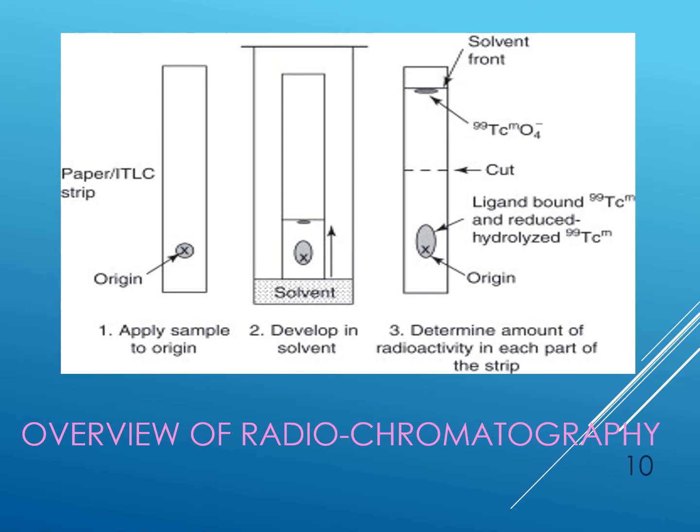Here technetium Tc-99 is used as a radio tracer component. So the ligand bound and reduced hydrolyzed Tc-99, and in this way, how much of the radioactive component is being utilized is determined. So this chromatogram is basically used to determine the radioactive component present in the sample.